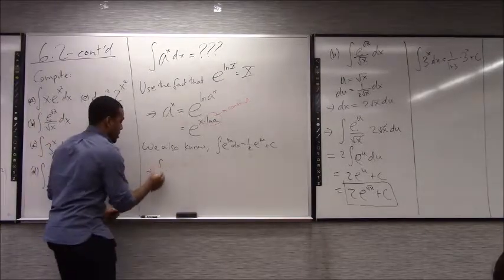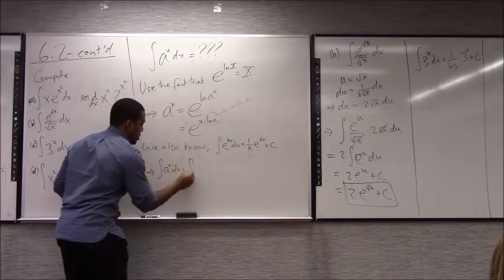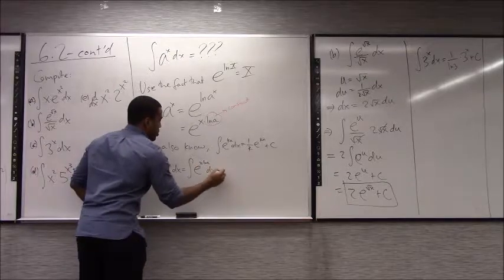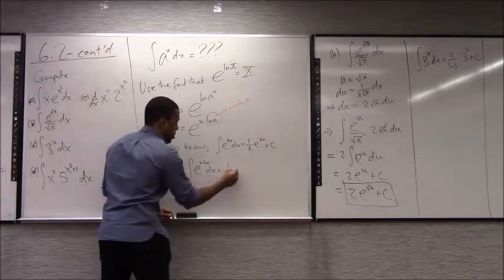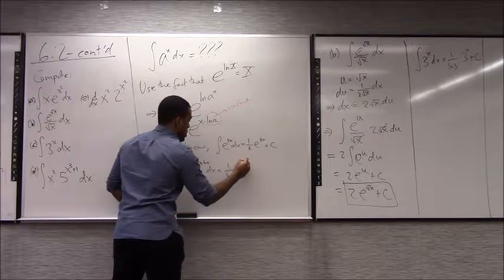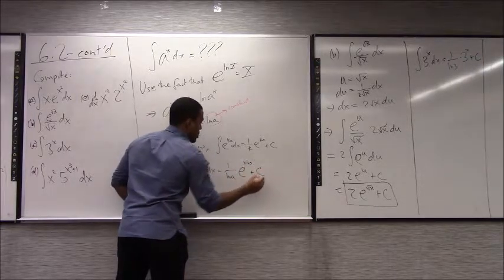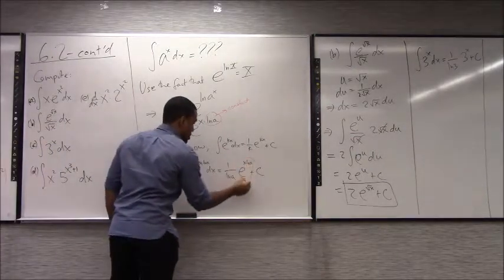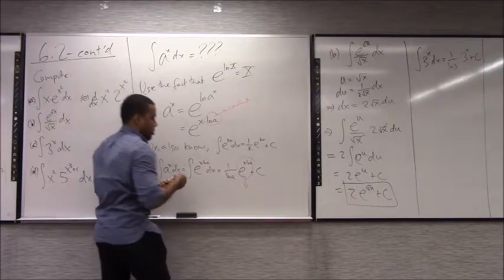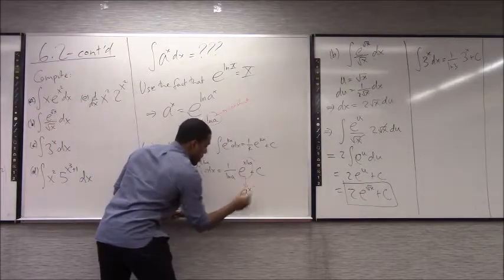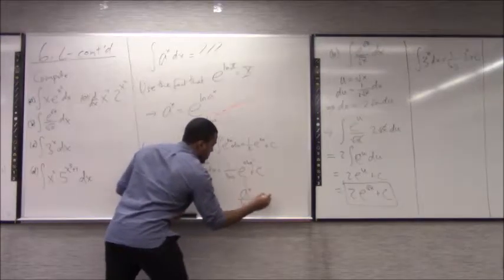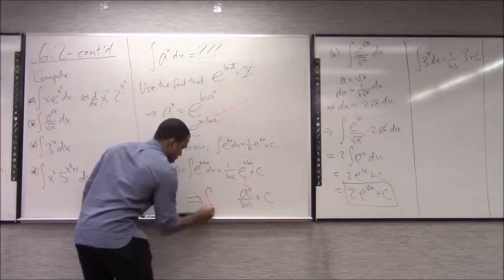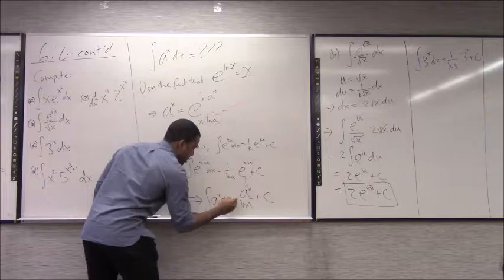So this would mean that the integral of a to the x dx is equal to the integral of e to the x ln a dx, which is equal to, by this formula, 1 over ln a times e to the x ln a plus c. But just remember that this guy, I can actually just rewrite in its original form, and that's just your a to the x. So that means your integral of a to the x dx is a to the x divided by ln a.